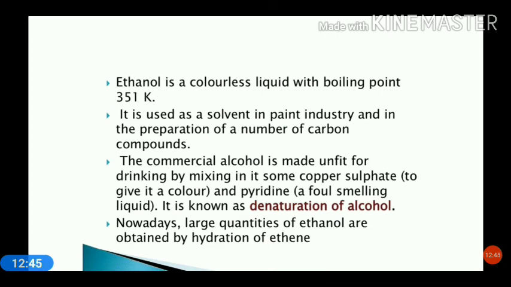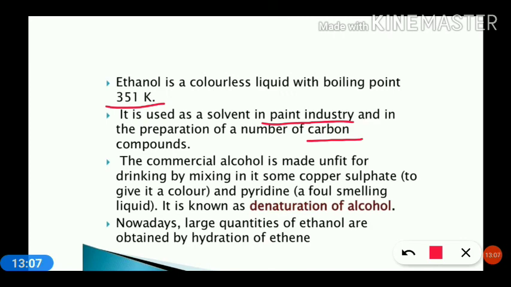This is a colorless liquid with boiling point 351 Kelvin. It is used as a solvent in the paint industry and in the preparation of many carbon compounds. You know it very well. It is a good solvent. It is used in spirit lamps also, and many more uses are there. You will see them in the coming chemistry.